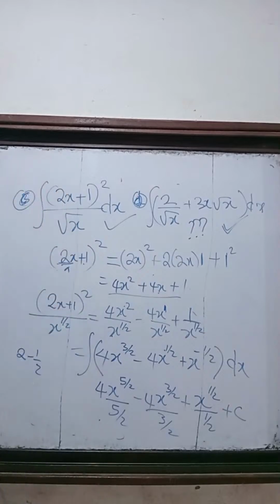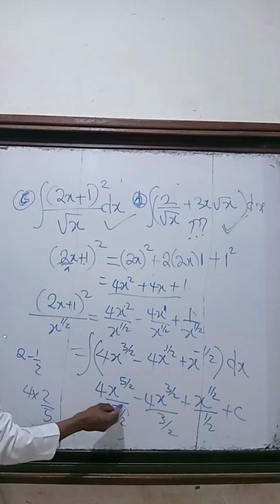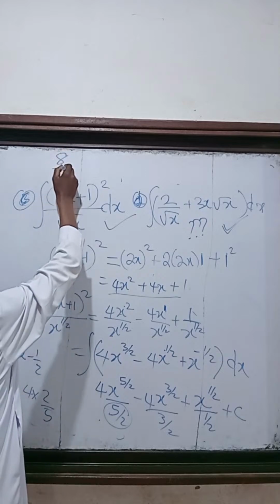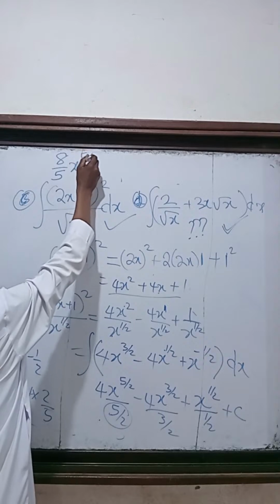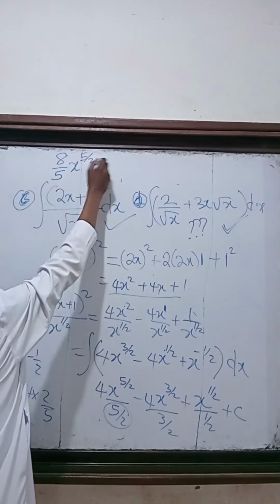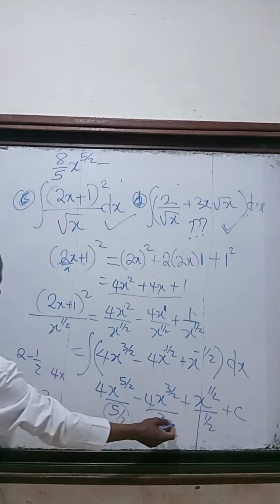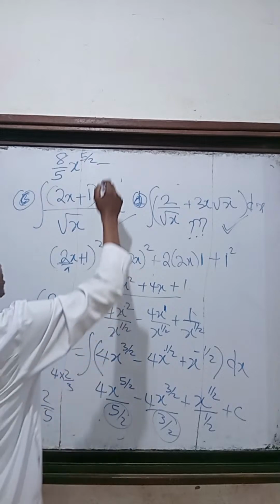Okay. So this one will be what? Will be 4 times 2 over 5. This one is going to flip upside down. That will be 2 over 5, and that will be 8 over 5. 8 over 5 x to the power 5 over 2. Then minus 4 times, this will flip upside down, that will be 2 over 3.